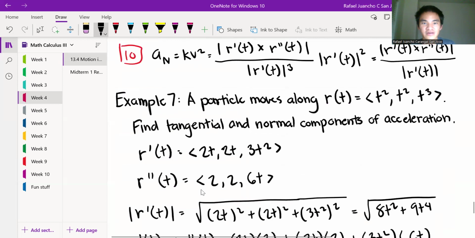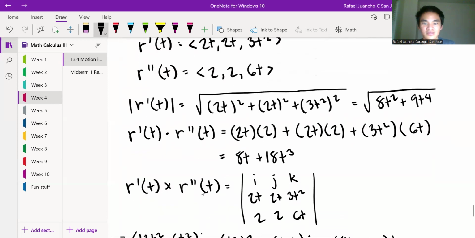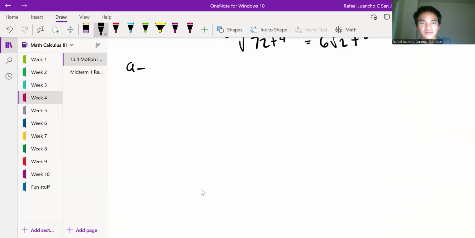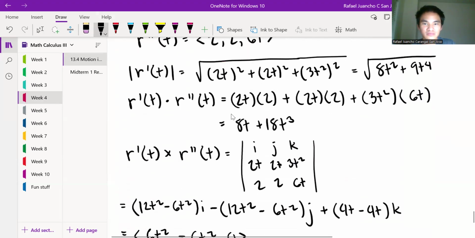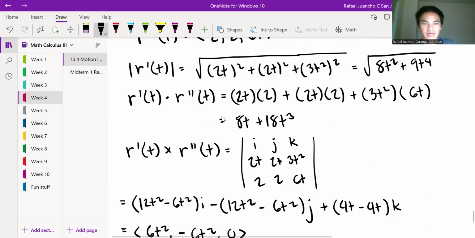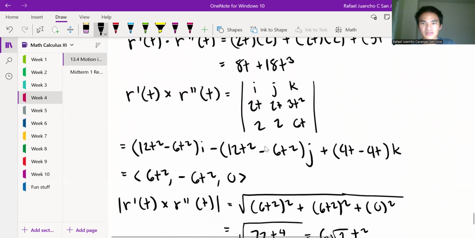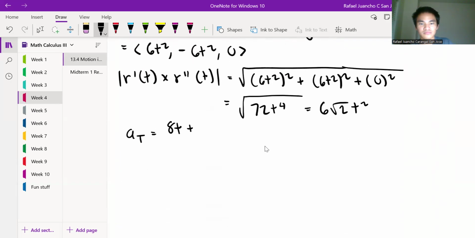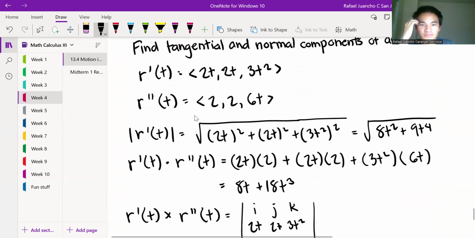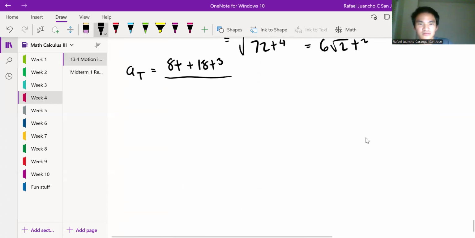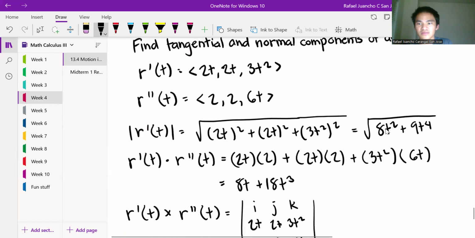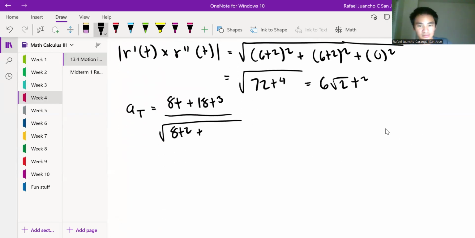Okay, and then from there, now I have everything I need. So my tangential component is the dot product over the magnitude. So the dot product is 8t plus 18t cubed. And my magnitude is the square root of 8t squared plus 9t to the fourth power.